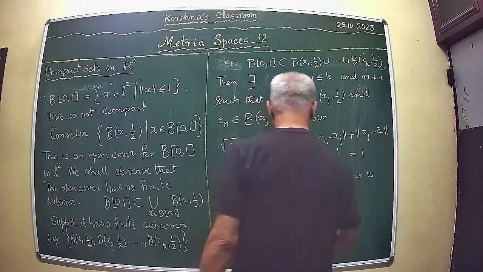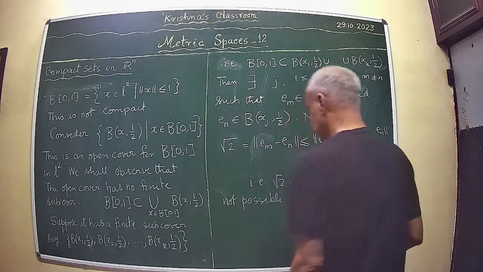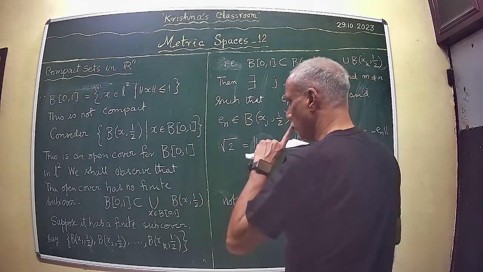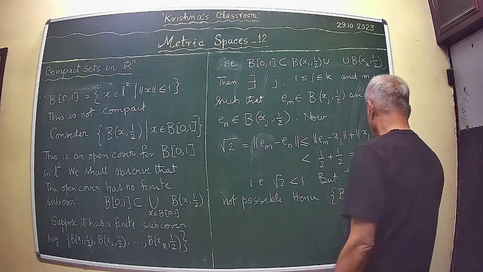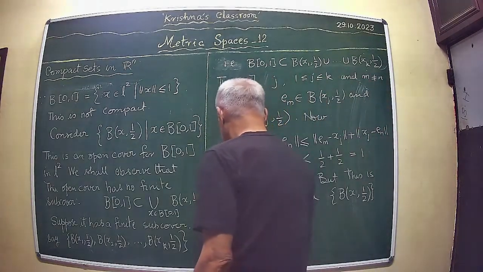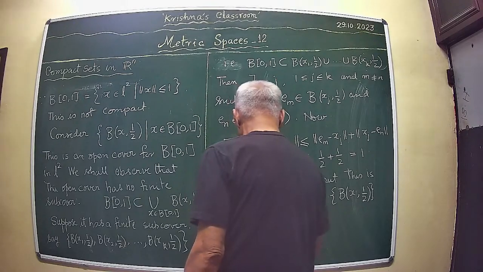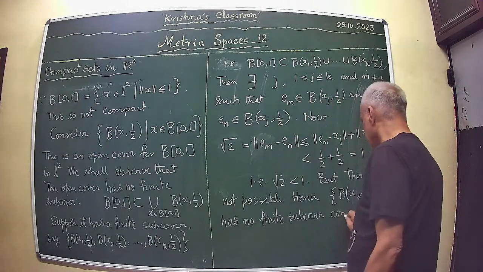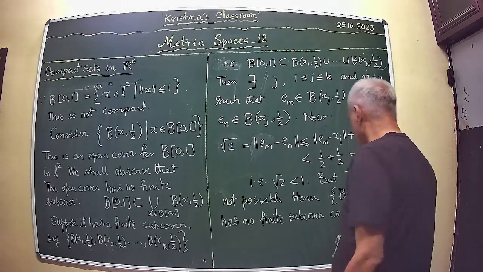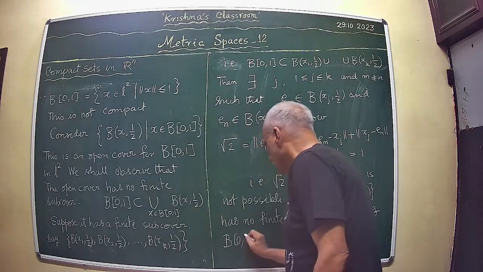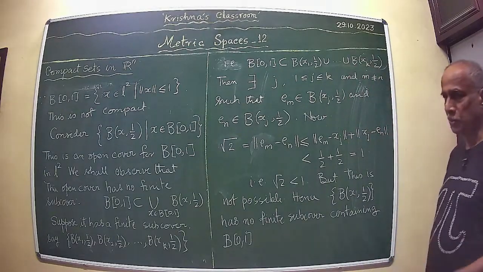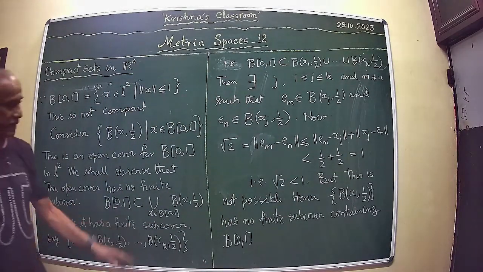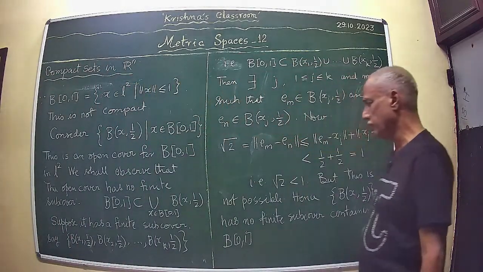Hence, thus we have successfully produced an open cover for B[0,1] which has no finite subcover.